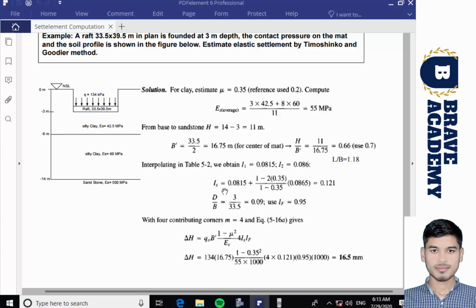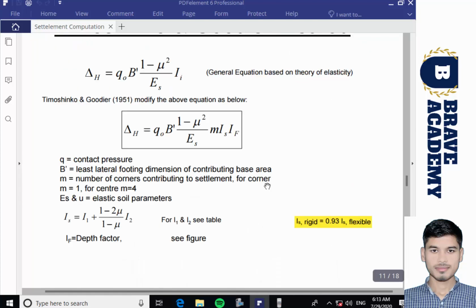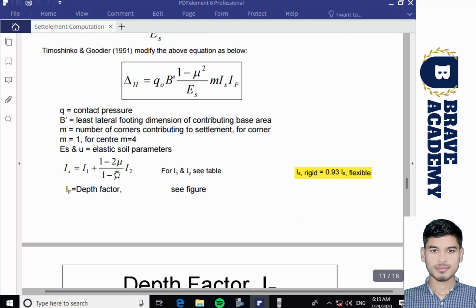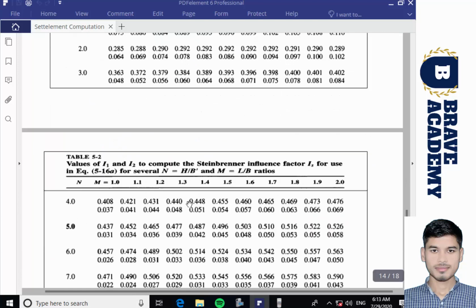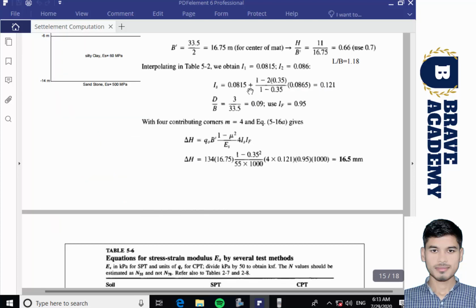Now you can calculate IS by using the formula given above, I1 plus (1 minus 2 mu) over (1 minus mu) times I2. Mu you know is the Poisson's ratio that he uses, 0.35. So put the values and find the IS, that is 0.121. Find the D by B, that will give you 0.09, and you can find the IF, that is depth factor, that will give you 0.95.